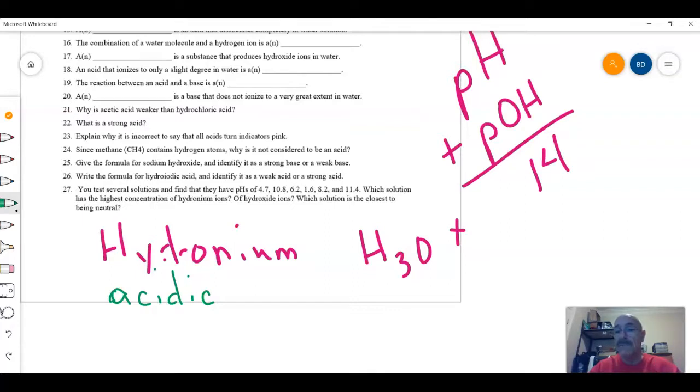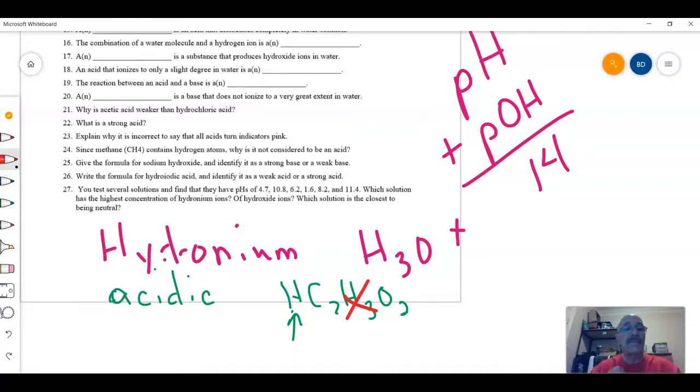Otherwise, they would be listed first. Remember, the acidic hydrogens are always listed first, like here in acetic acid. This one is acidic, and those ones are not. The acidic hydrogens are always listed first. So that's why they're monoprotic if there's one hydrogen in the front, diprotic if there's two hydrogens at the front, and triprotic if there's three hydrogens at the front.